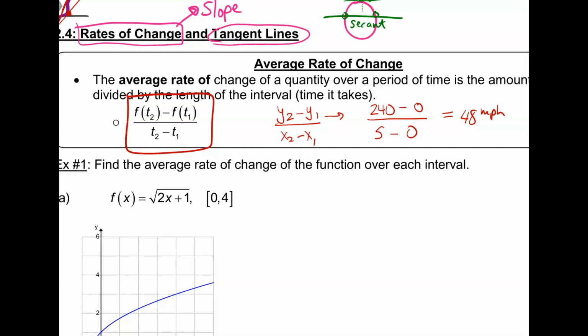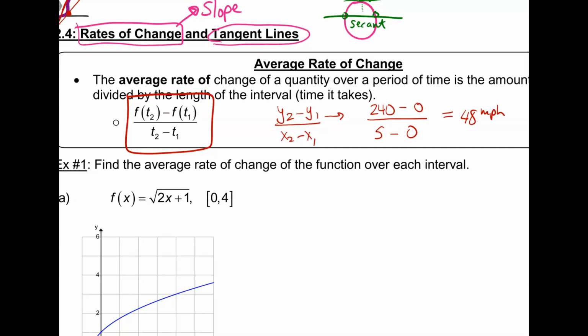Okay. My point in bringing this up is I want you to understand that the average rate of change isn't necessarily your speed the whole time. If I'm just looking at the total distance I traveled over the total time it took, that's the average, versus the instantaneous, which is like, okay, how fast am I going right now?